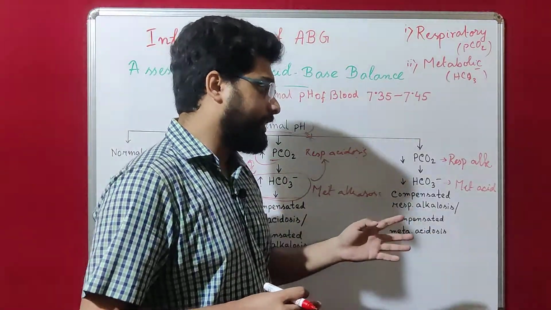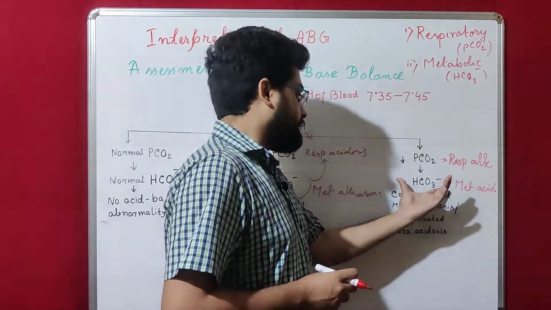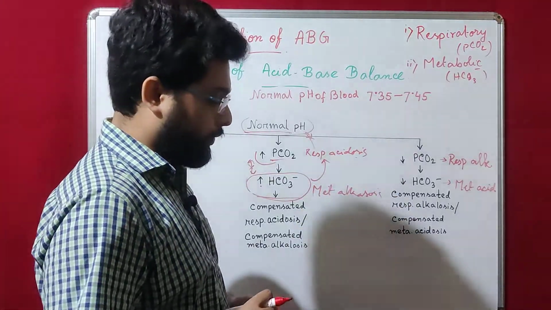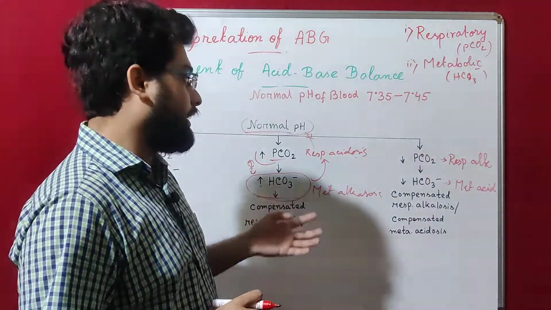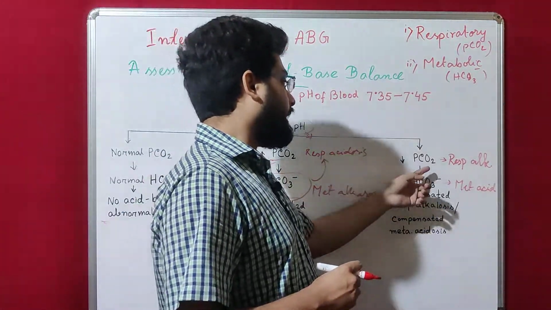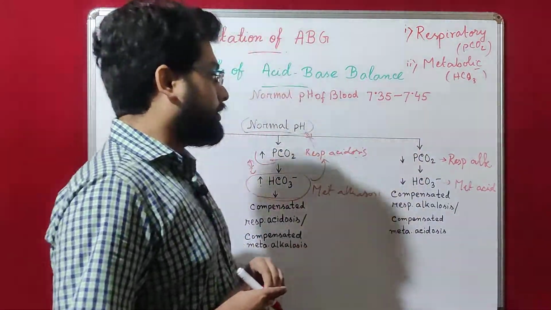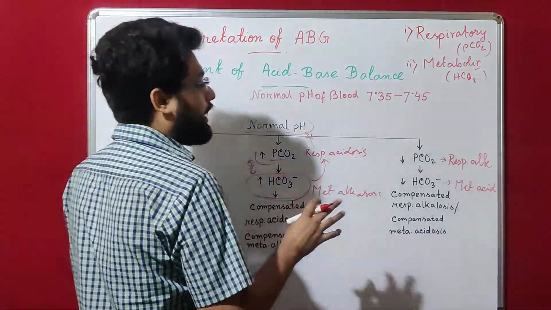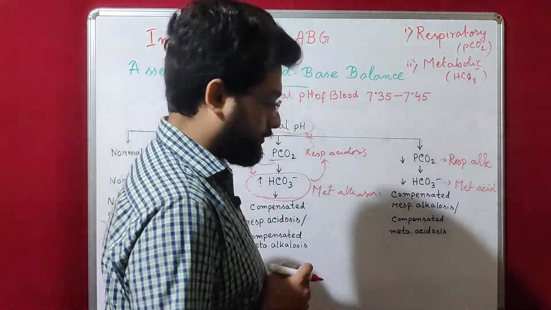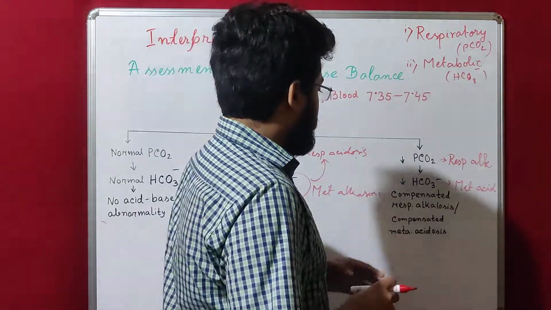That's why I am mentioning this is the only possibility, because if I don't mention it, a question can arise: why can't the other chances of bicarbonate ion be possible against decreased PCO2? I am mentioning it so that there is no confusion created among you.